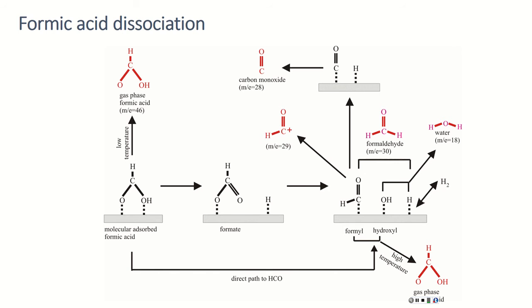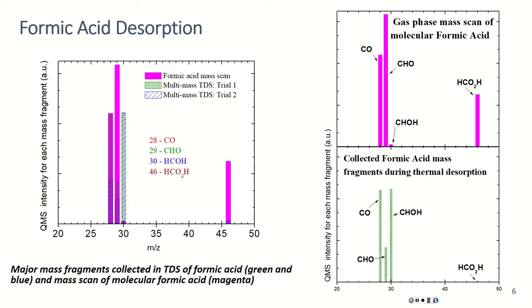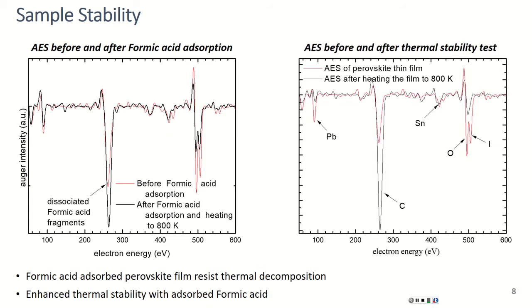Yes, exactly. According to the OJ spectra, we have some stability with the formic acid layer. The effect is not so large, right? We did a thermal ramp from 100 to 750 Kelvin. With that thermal ramp, the structure is changed a little bit.